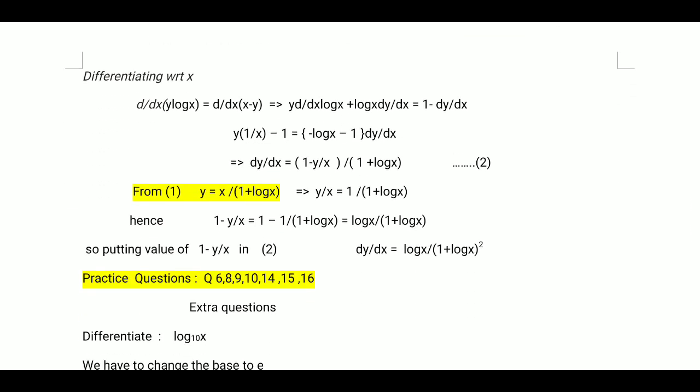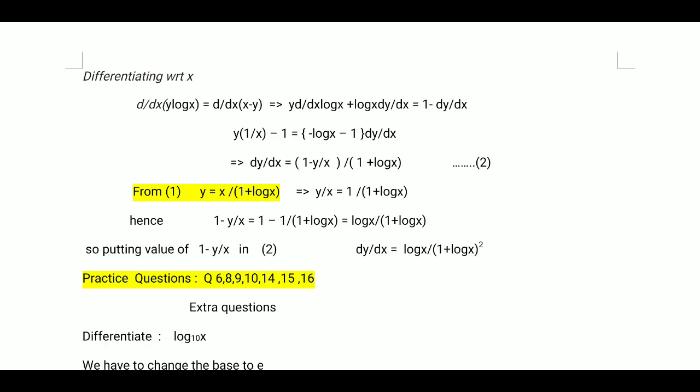Now from the first equation we can get the value of y, that is x upon 1 plus log x. From this we can get y upon x also. Y upon x is equal to 1 upon 1 plus log x, and then we can get 1 minus y upon x, which is 1 minus 1 upon 1 plus log x.